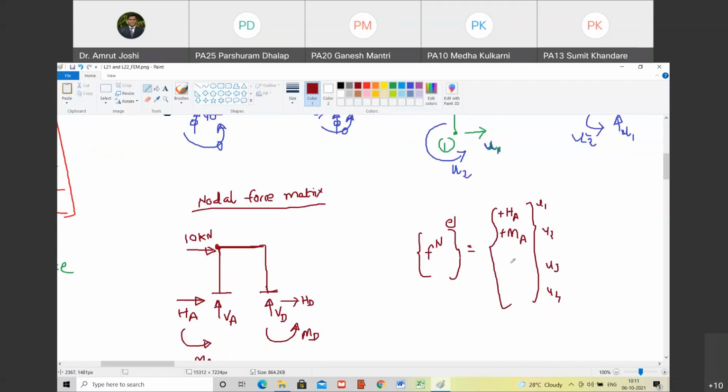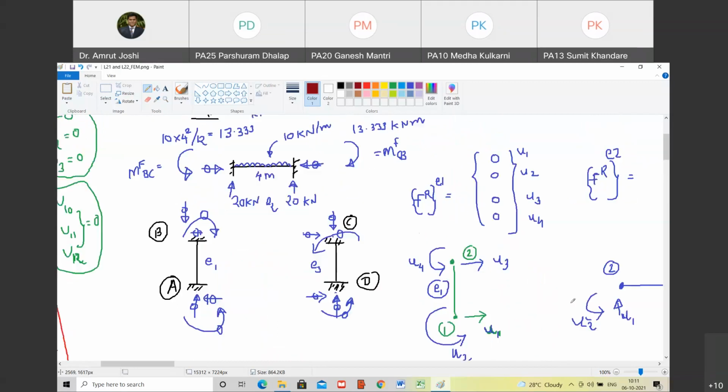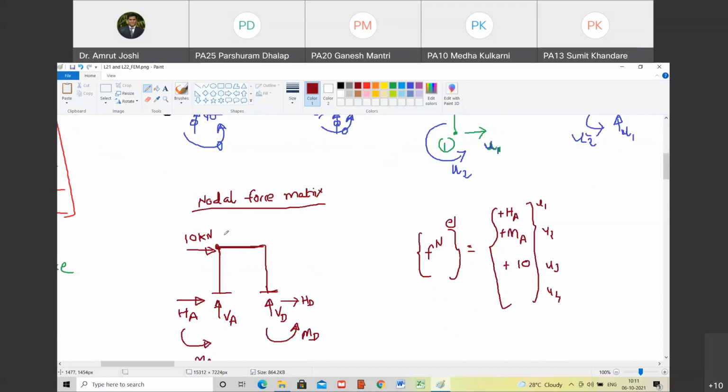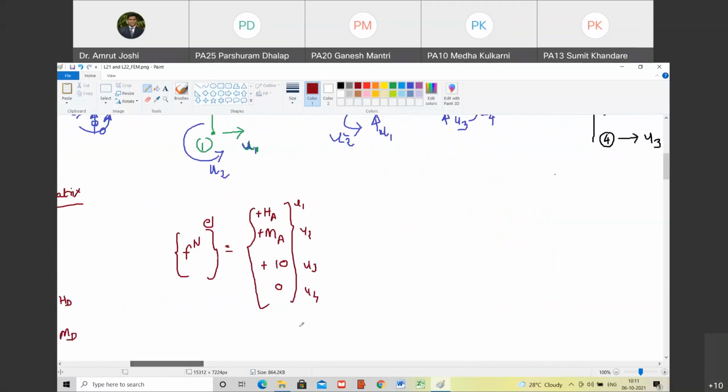Yes, it is there, 10 kilonewton, plus 10. Happy? Yes, sir. What is U4? Rotation. Is there any moment acting at this end? No. Zero. Happy? Yes, sir. Have you understood how I wrote this Fn for element number 1?